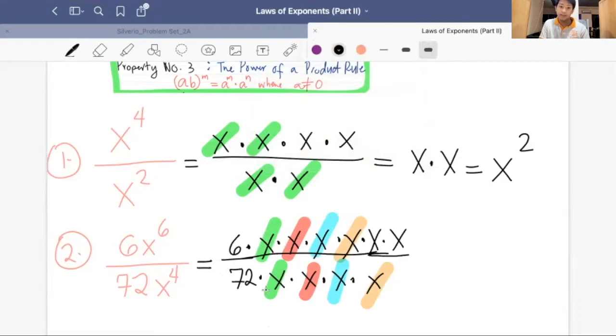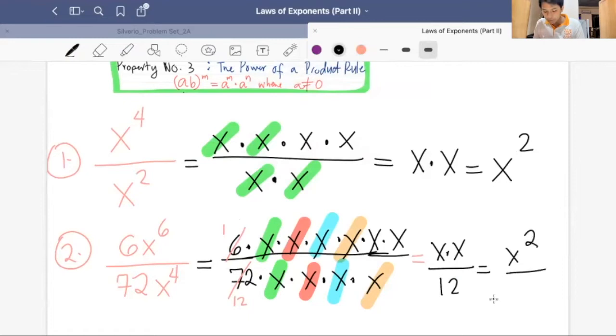What do you think? 6, right? We can cancel the 6, and this will become 1. And 72 divided by 6 is equal to 12. All right. And then just simplify. That is equal to 1 times x, that is x times x over 12, right? In short, we have x times x, x squared over 12.